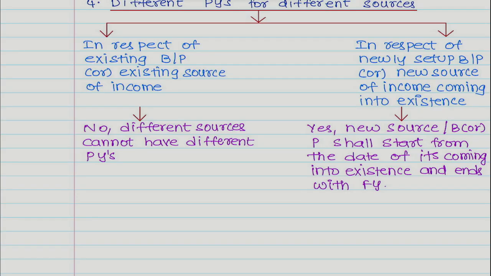In respect of a new business coming into existence or a new source of income coming into existence. With respect to that new source, it will start from the date on which it comes into existence, ending with the financial year. What is the reason? I told one example like FD. Another very important example, shall I tell you.